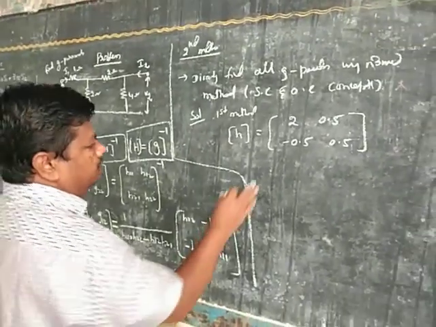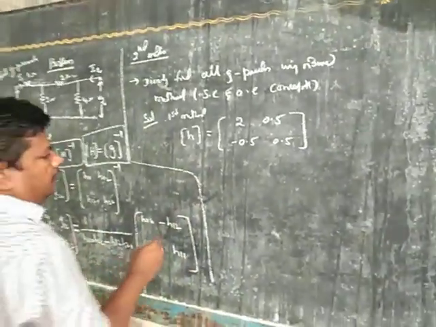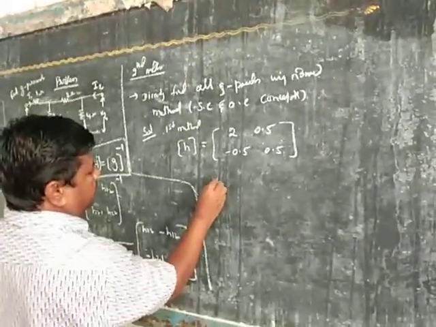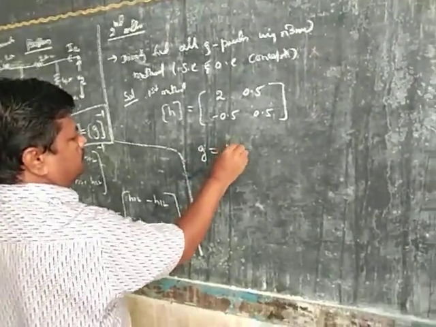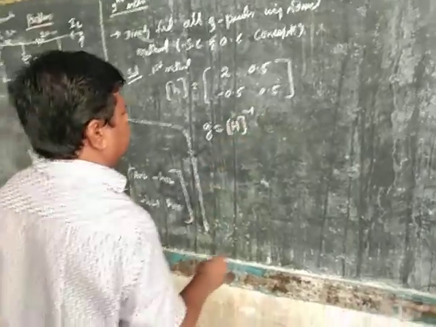This is the h matrix for the previous problem. Then from that find the G matrix. G matrix is equal to H inverse.